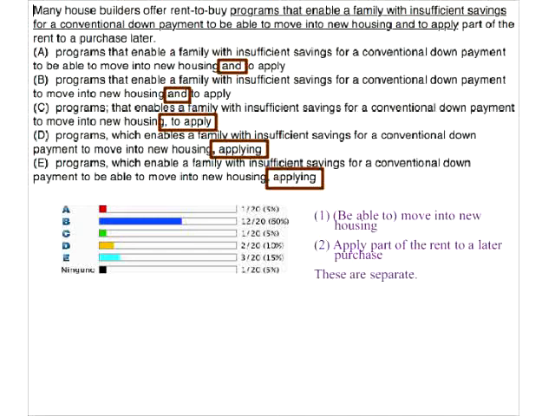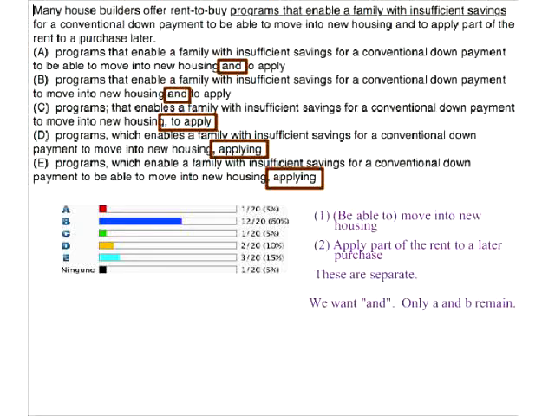These are not even related ideas, because one of them is about moving in, and one of them is about what they do with rent money. So these are separate. So if we realize that, then we know that we're looking at another situation that requires AND. So we want the AND. That leaves us with only A and B.